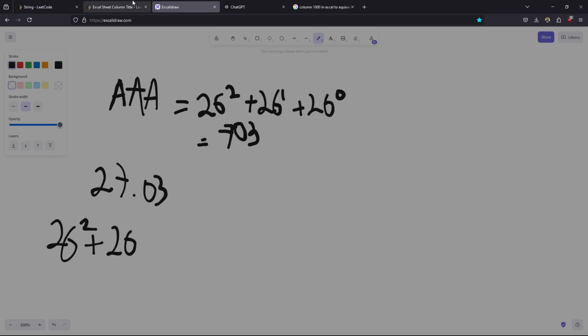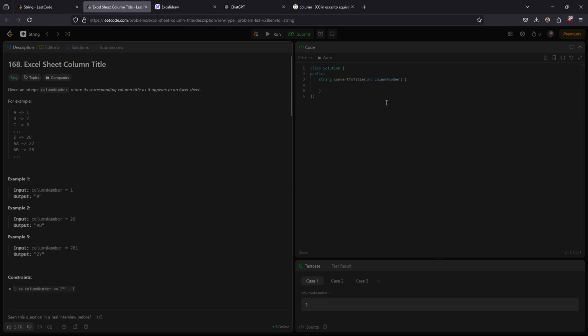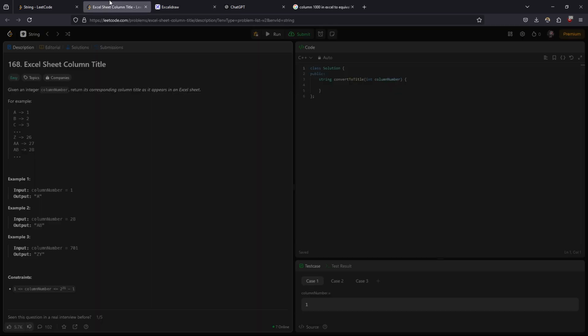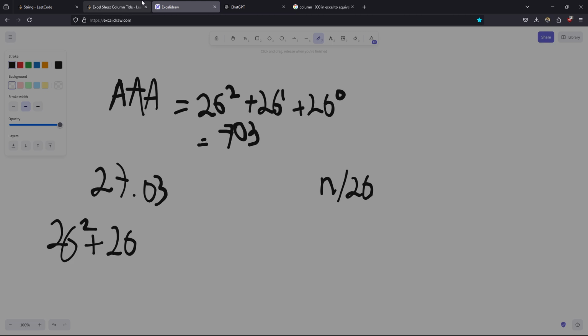Okay, we actually could use a recursive function, and what we can do is divide a given number by 26, and send that number as our argument.